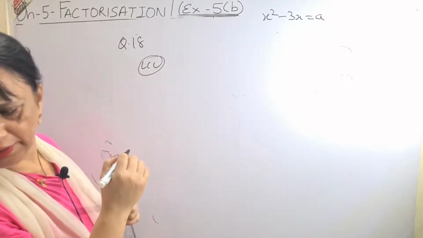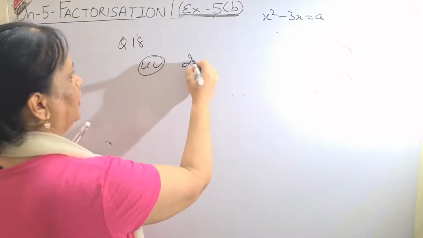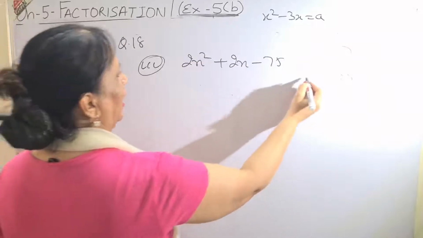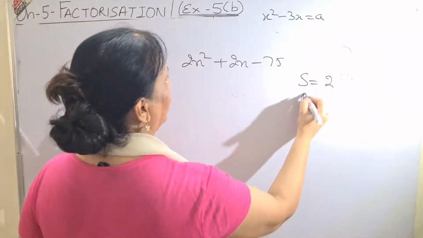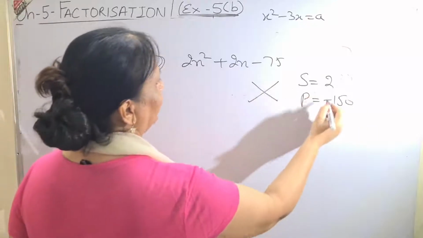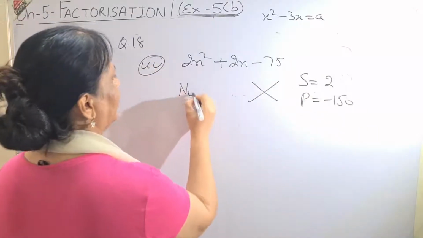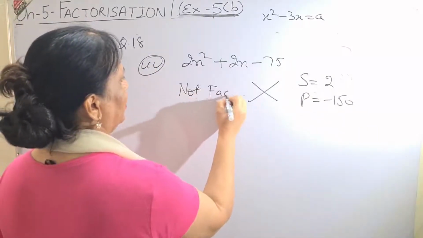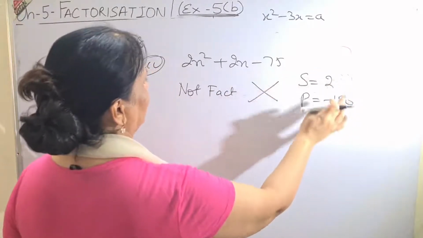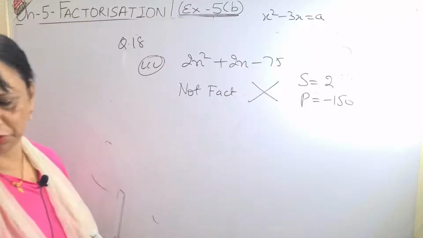It is 2x square plus 2x minus 75. Now you see, I need the sum to be 2 and the product to be minus 150, which is not possible. You can't factorize it, so you will just write here, not factorizable. Because you cannot find two numbers whose sum is 2 and product is minus 150, and so on.